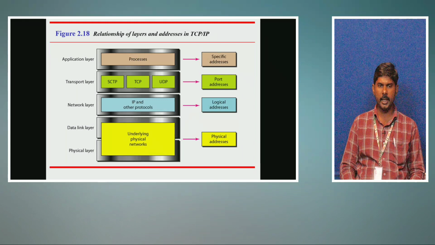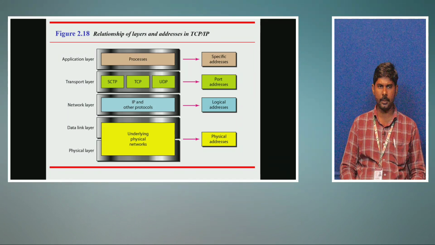The physical layer and data link layer combined into one layer in TCP/IP use the physical address, which is 48-bit long. Then the network layer or internet protocol uses the logical address or network address, which is the IP address, 32-bit long in version 4. IPv6 is 128-bit long.